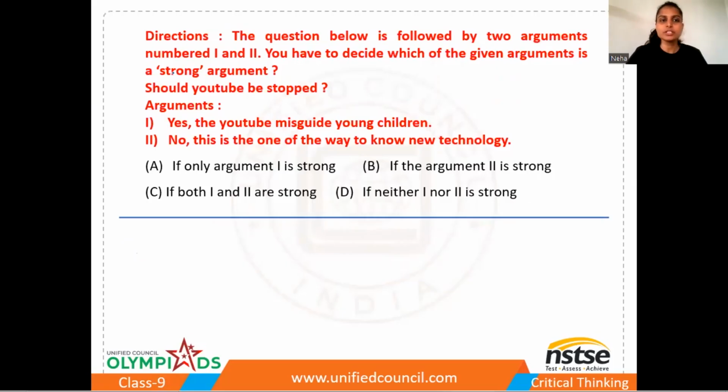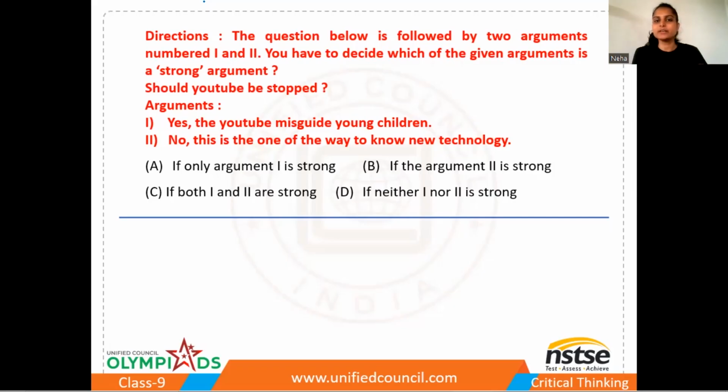The next question is also quite an interesting question. In the next question, a direction is given along with some statements, and we have to identify which is an argument and which argument is strong. The question below is followed by two arguments, number 1 and 2.